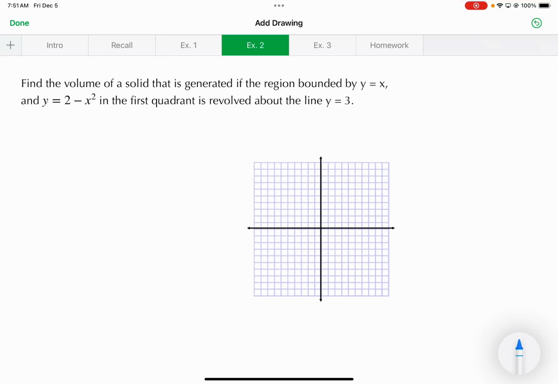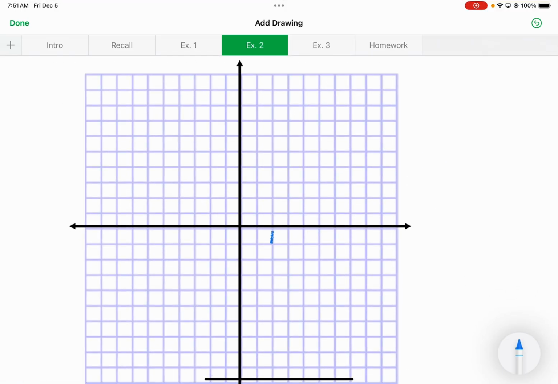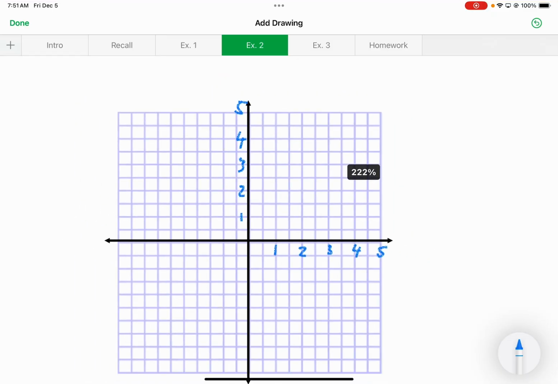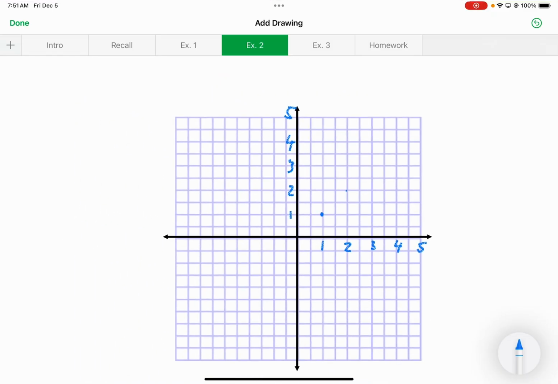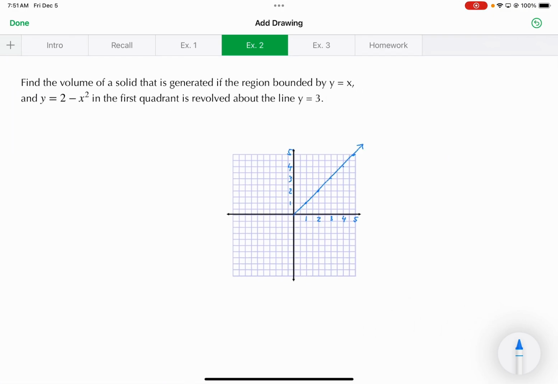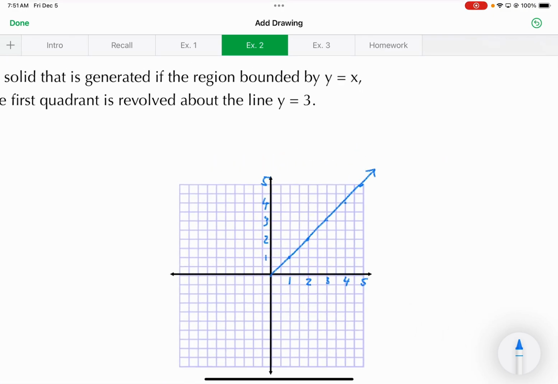I think we can get away with skipping by 2s, so we'll do that. And then our other one is 2 minus x squared. So a parabola that opens down, shifted up 2 units.